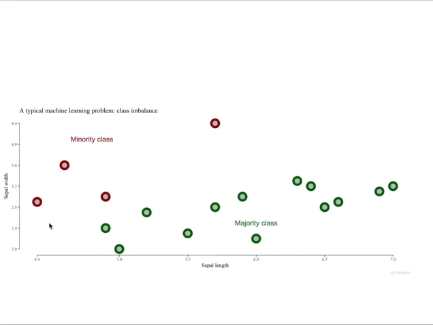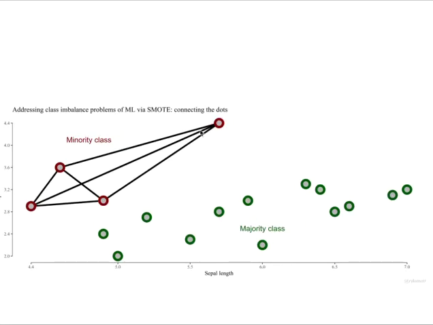So what SMOTE essentially does is we've got to take these minority class points and beef them up. We've got to get more of these. One way of doing that is simply to imagine putting some lines between them. Let's imagine we're talking about this particular data point. We draw a line between this data point and this data point, and we let our model randomly predict a data point in between these lines.